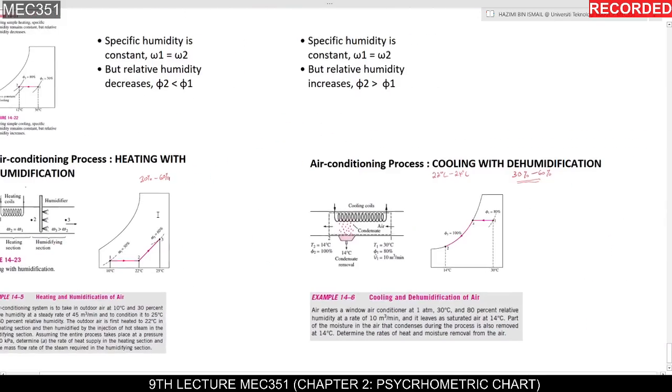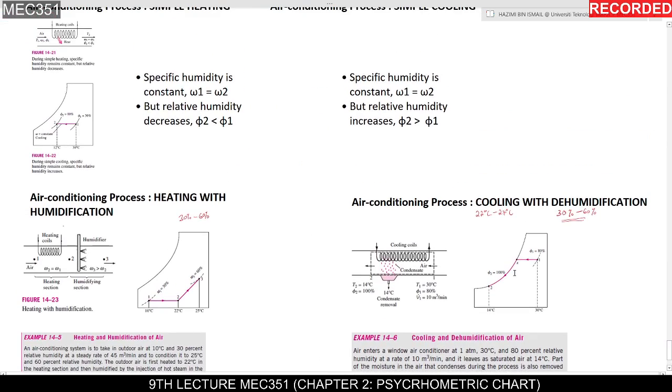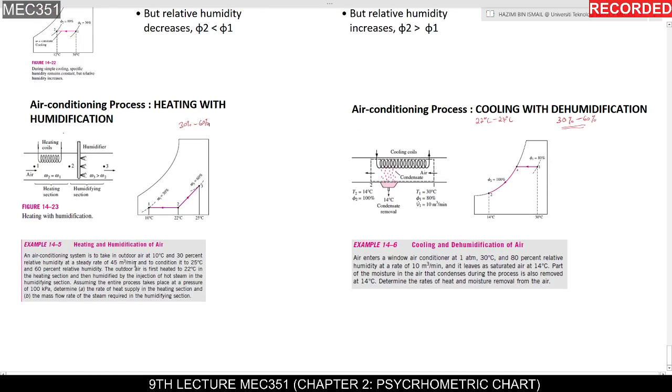Basically in our conditioning process, we have these 4 processes. In our air conditioner device, we have all these 4 processes. Okay, we have the tutorial or example of calculation here.